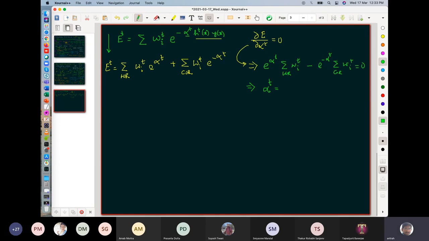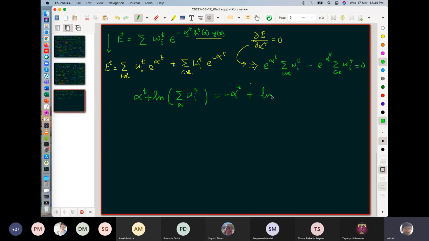Let me not jump steps, otherwise I will be in trouble. So just take a log of it. Alpha t plus ln of the sum over wrong points of w_i^t equals minus alpha t plus ln of the sum over correct points of w_i^t.